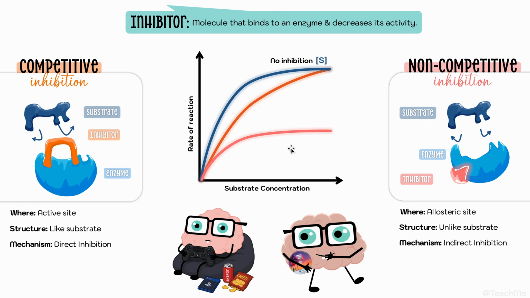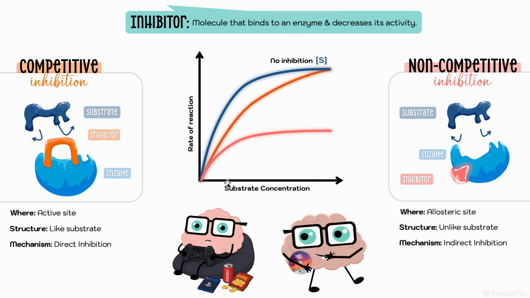Surprise, another graph, but you should be familiar with this one a little bit because this is the graph on substrate concentration and rate of reaction. So you will recognize this blue line over here. This is the situation with no inhibitor present at all. But now we have two new lines because we learned about two inhibitors. So let's start with this one, the competitive inhibitor.